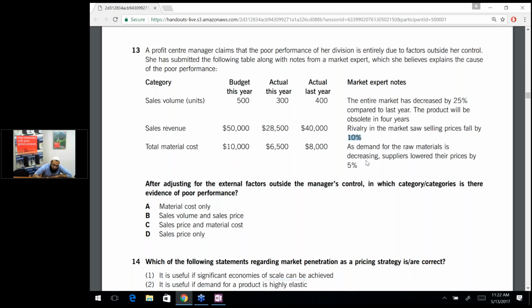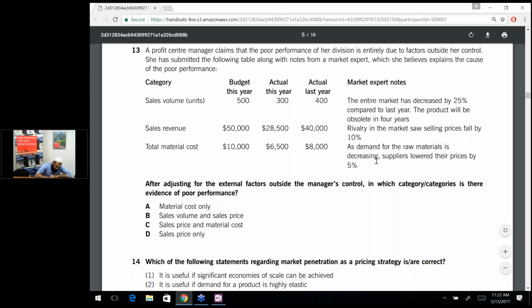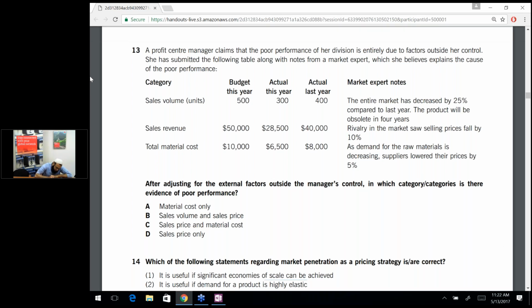This is something uncontrollable. As demand for raw material is decreasing, suppliers lowered their prices by 5%. This is something not in control. Now, after adjusting for external factors, and these are the external factors, okay? In which categories is there evidence of poor performance?